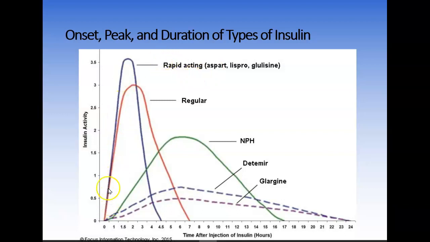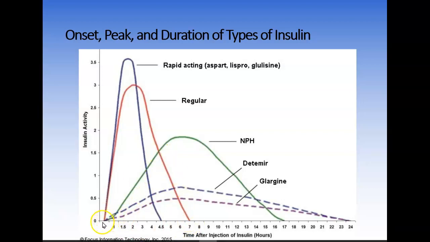And that is very quickly acting, and the insulin peak comes very fast, right? And then it also leaves quickly. So you're talking about within 4.5 hours, it's completely gone. And the peak is 1.5 to 2. And then you have your regular insulin that has a little bit longer of a peak, and the total duration will be from 0 to 7. Does that make sense? Okay.